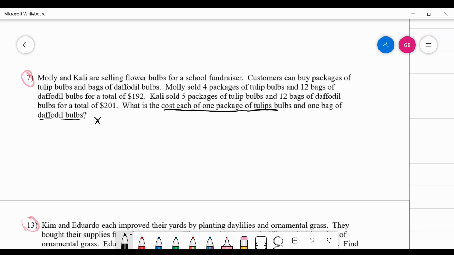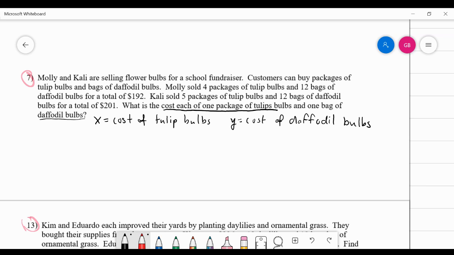So x equals the cost of tulip bulbs, and y equals the cost of daffodils. Okay, that's step one. Identify the unknown. Step two, create equations.